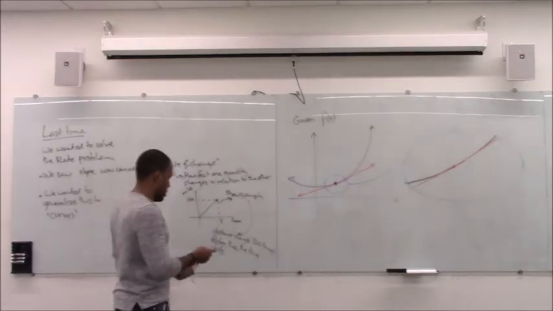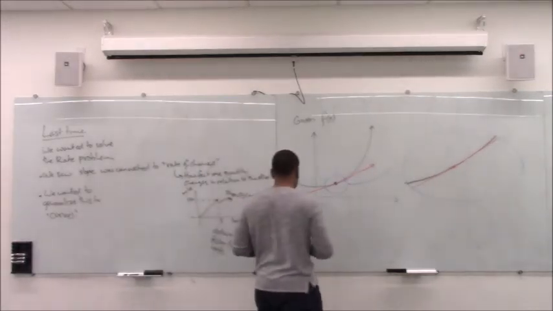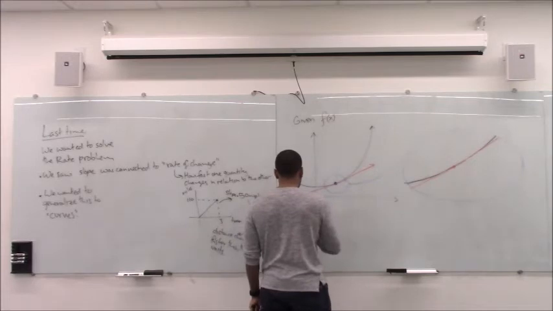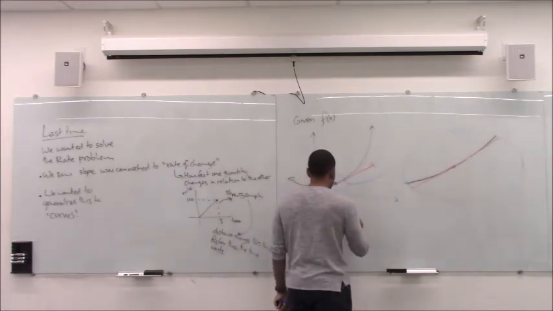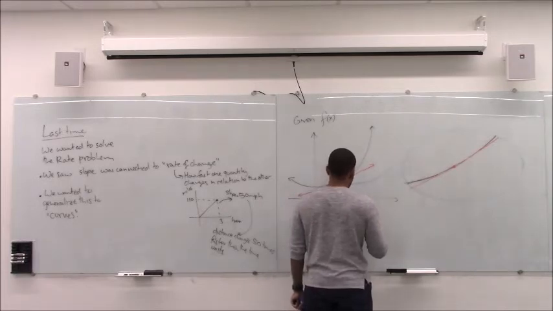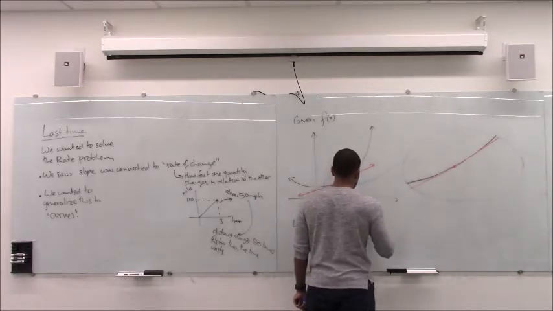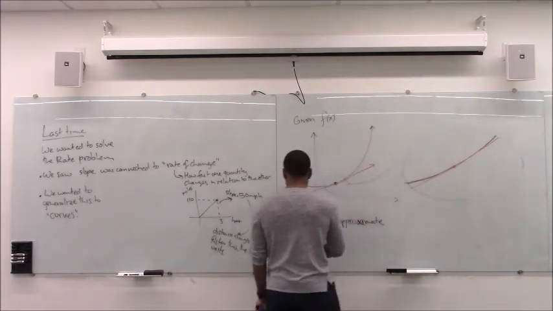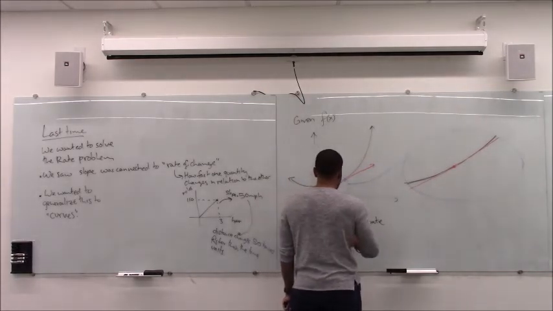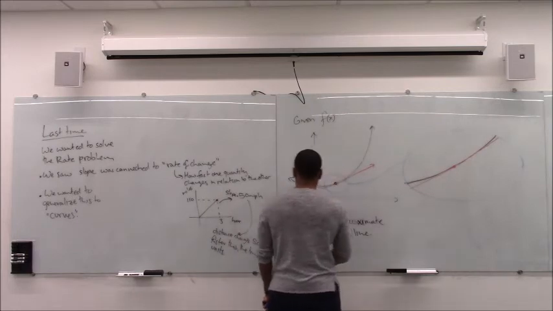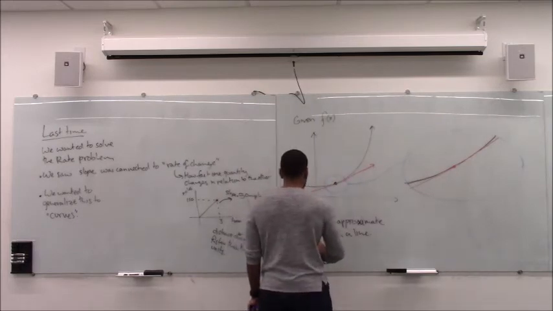So the idea is we want to approximate the curve with a line. And this line was what we call the tangent line.